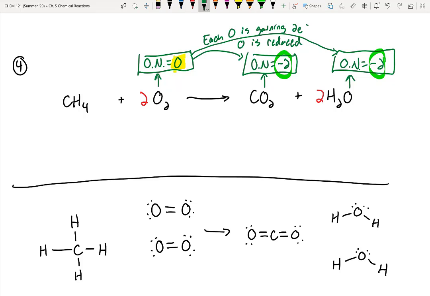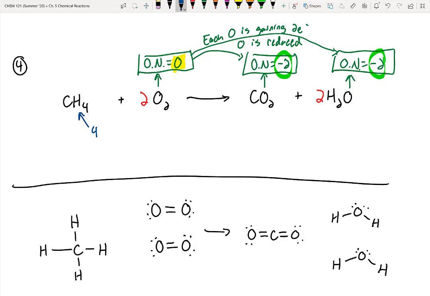Okay, so now the tricky part, carbon. If you remember the table that I gave you showing predictable charges for elements, carbon wasn't actually listed. Group 4A is pretty unpredictable, just like a transition element. It's hard to predict the oxidation number of carbon. But let's think about it this way.